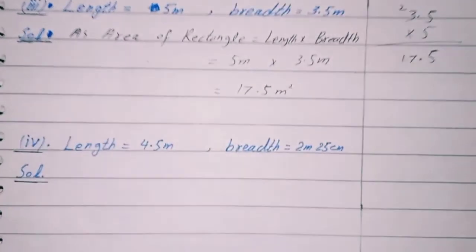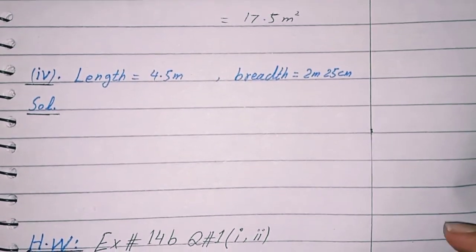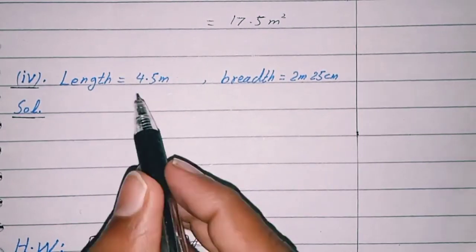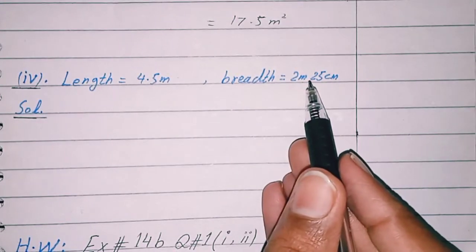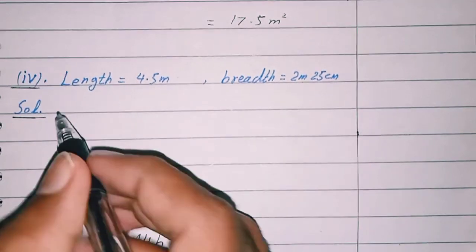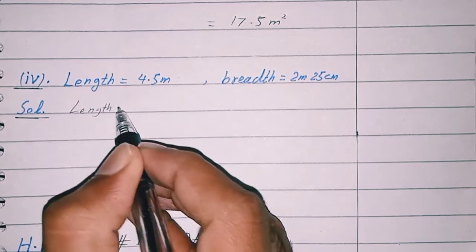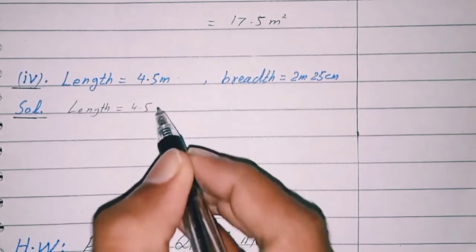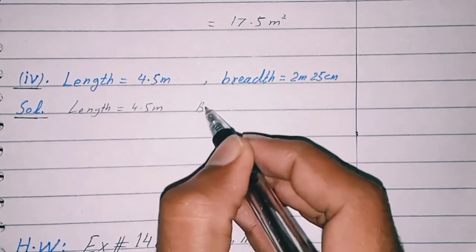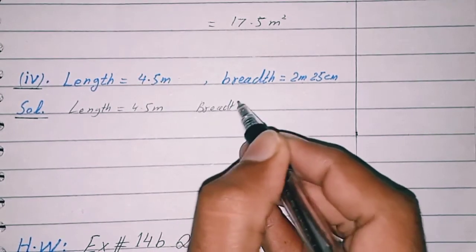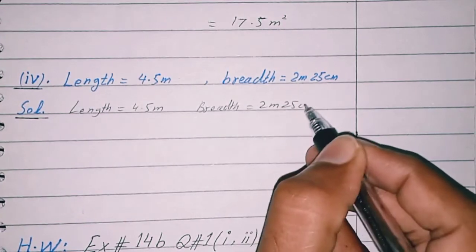And in next part, length is equal to 4.5 meter and breadth is equal to 2 meter 25 centimeter. First of all, we will write length as 4.5 meter and breadth as 2 meter 25 centimeter.